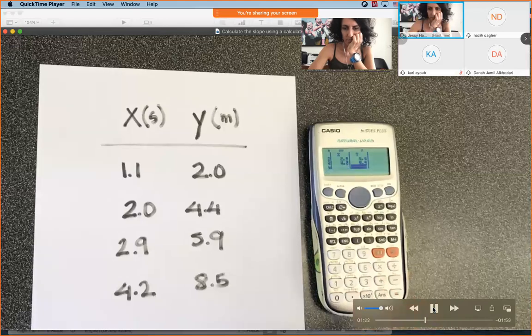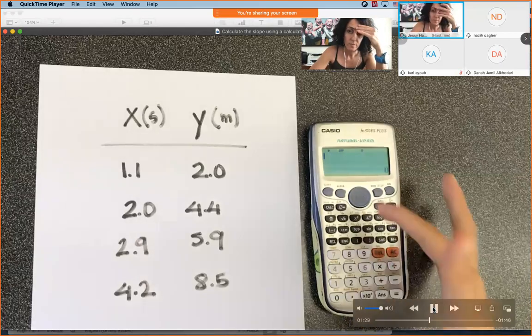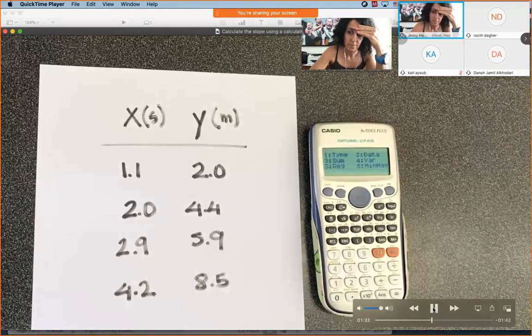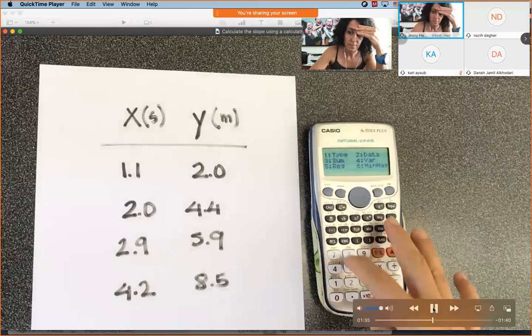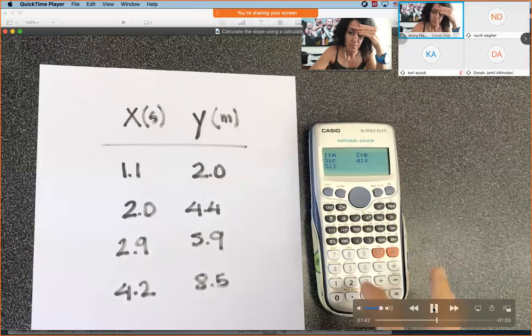All right, when you're done, there's a very important step that you shouldn't miss. You should click on AC. Then you do Shift 1 to go into the stats, go into Regression, which is item 5, and here you will see displayed A, B, and R. A is the y-intercept, so I go into A and write it down.